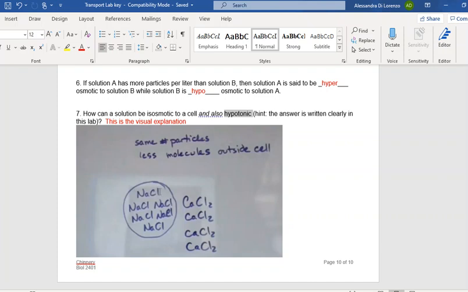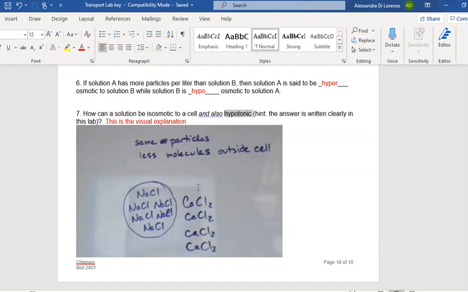Count the number of particles inside the cell and outside the cell, okay? Here I have 1, 2, 3, 4, 5, 6 NaCl molecules, which will produce 12 ions. And here I have 4 CaCl2 molecules, which will produce 12 ions as well, because each of these produces 3. So 12 and 12. These two solutions inside and outside the cell have the same osmolarity.